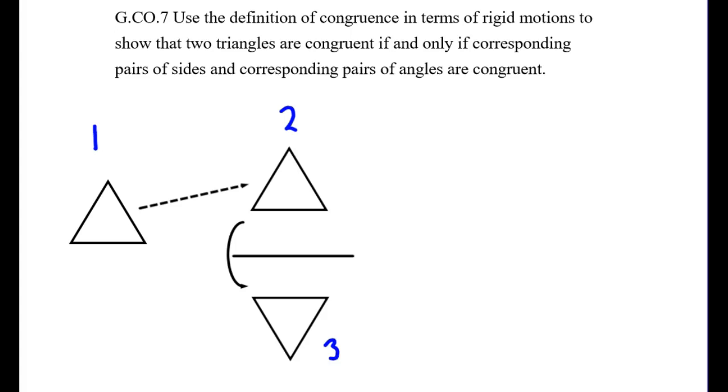So if I start with triangle 1, and then I perform a translation and slide it over to get triangle 2, and then I reflect triangle 2 across this line to get triangle 3, I know, because I performed two rigid motions, a translation and a reflection, that by the definition of congruence, triangle 1 and triangle 3 are going to be congruent. Because rigid motions do not change the size, angles are preserved, side lengths are preserved.